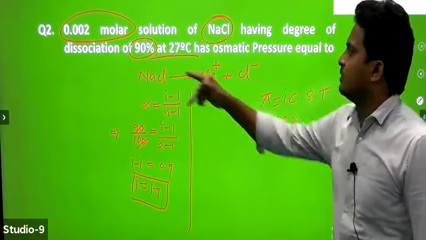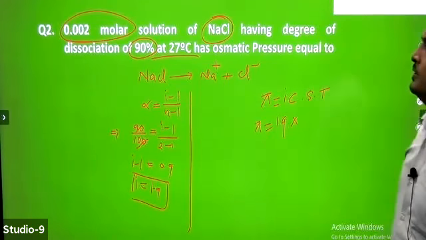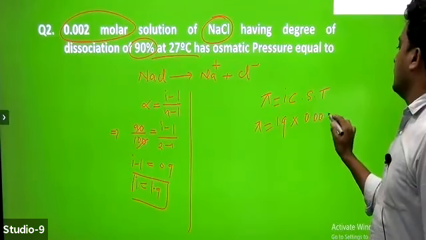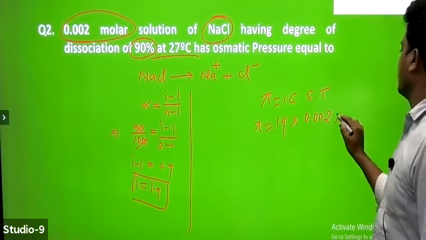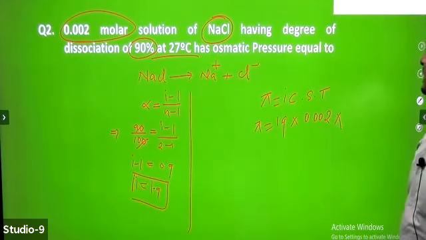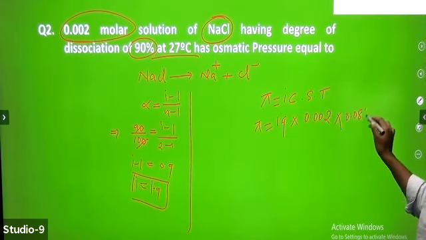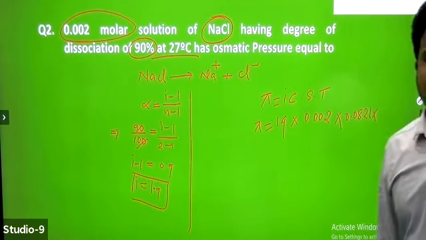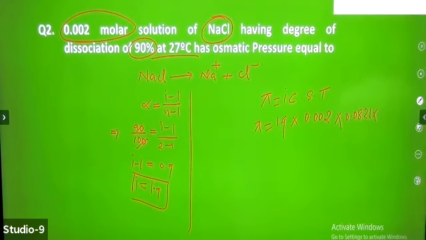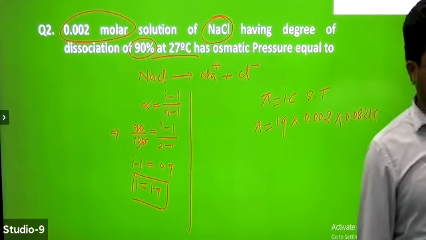So pi equals 1.9 into concentration, 0.002, into S value, 0.0821, into temperature, 27 plus 273 kelvins. Temperature must be converted into kelvins.